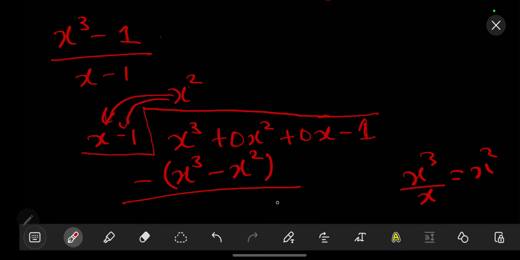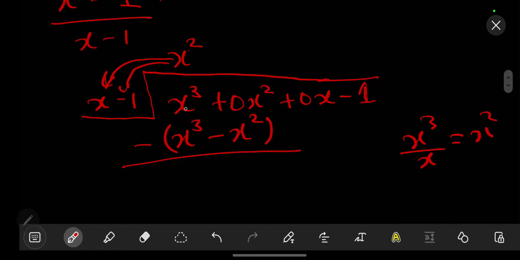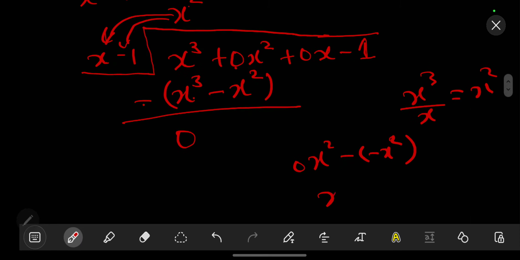We get x cubed minus x cubed, that's 0. 0x squared minus x squared, this will give us a positive, 0x squared plus x squared, which will just be x squared because 0 doesn't add anything.